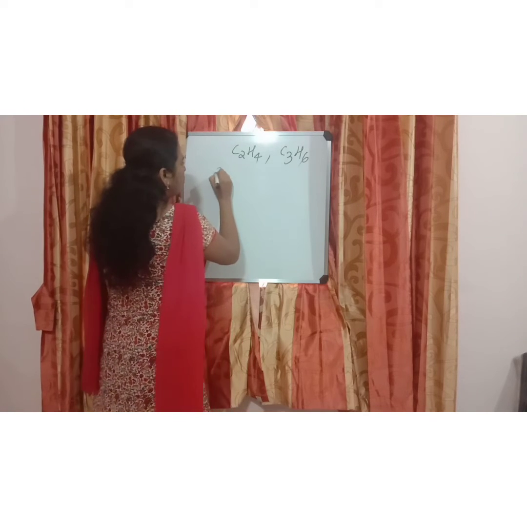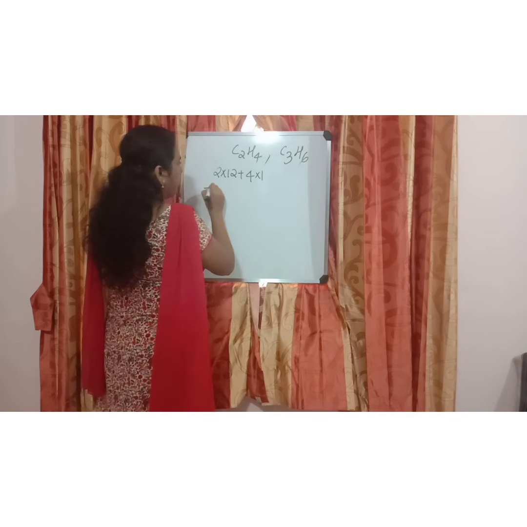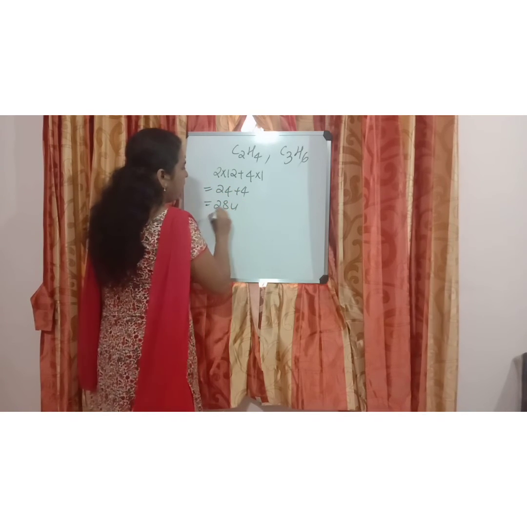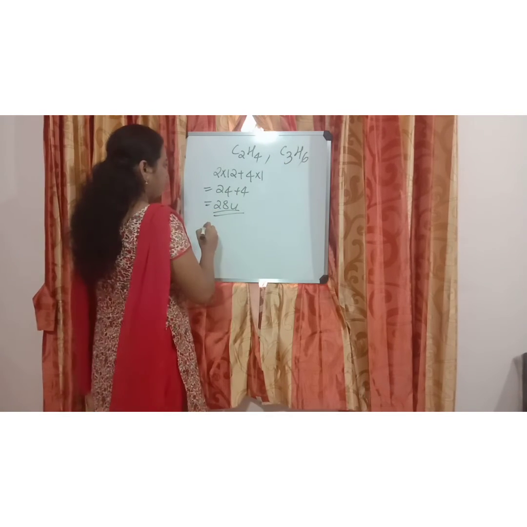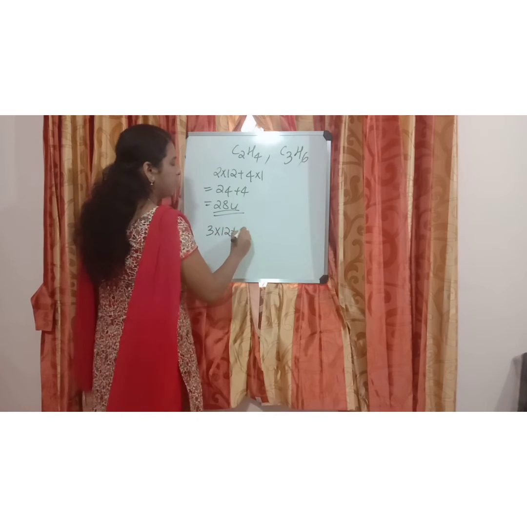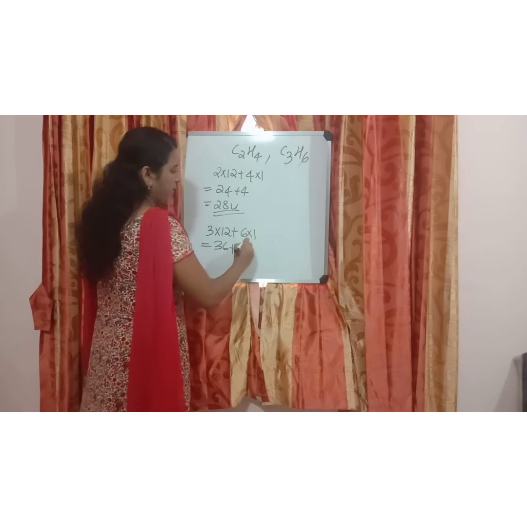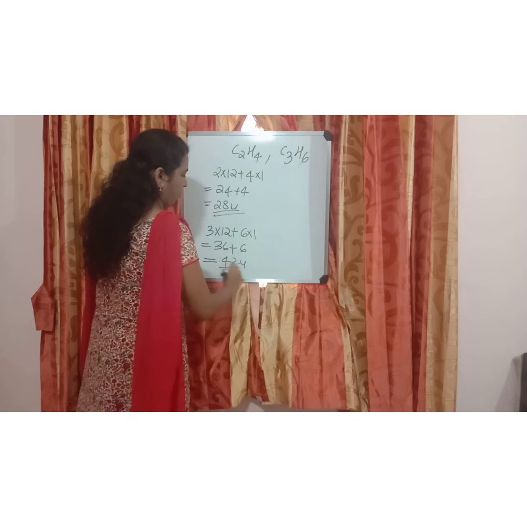So 2 into 12 plus 4 into 1, that is 24 plus 4, equal to 28U. Then let us calculate the molecular mass of C3H6, that is 3 into 12 plus 6 into 1, that is 36 plus 6, it is equal to 42U.